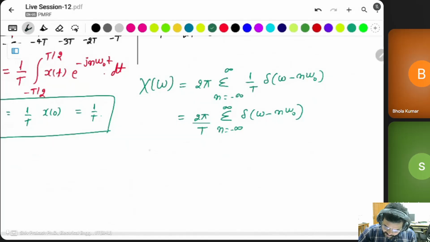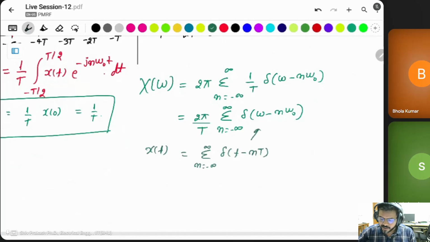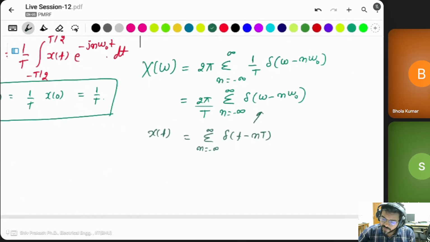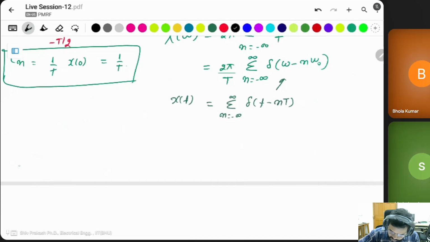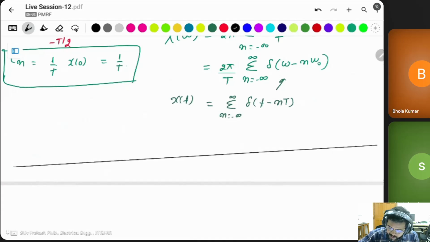You know about x(t). X(t) is the summation of n equals minus infinity to plus infinity of delta of t minus nT, and X(omega) is this one. So the Fourier transform of an impulse train simply changes in magnitude to 2 pi by T, and it is in omega in place of t. And this function you can draw on the xy axis.